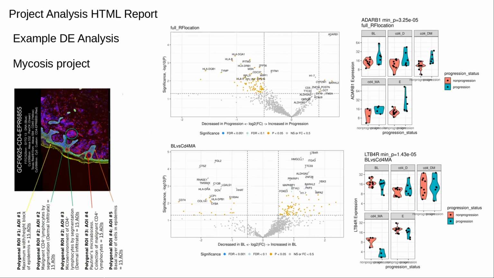So it basically means that the segments containing basal layer cells are contrasted against the ones with CD4 cells.